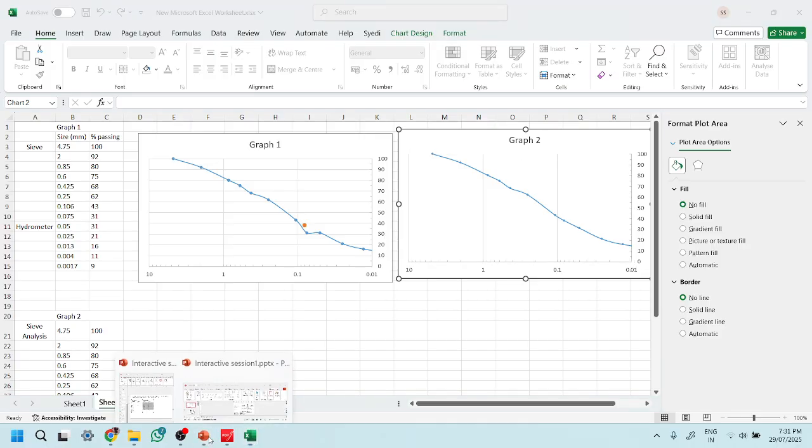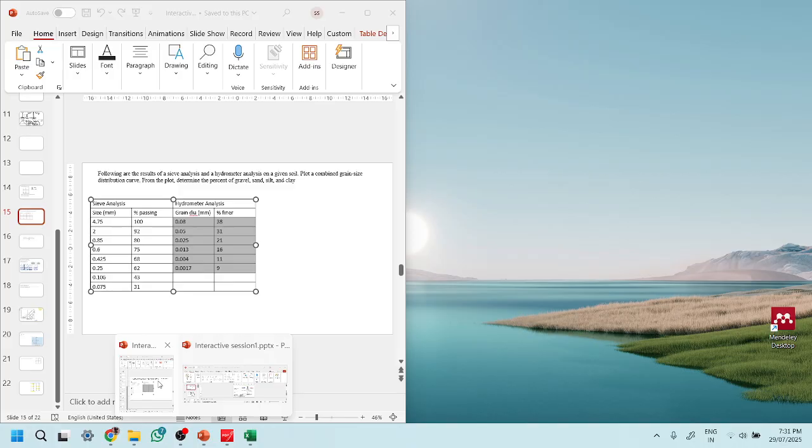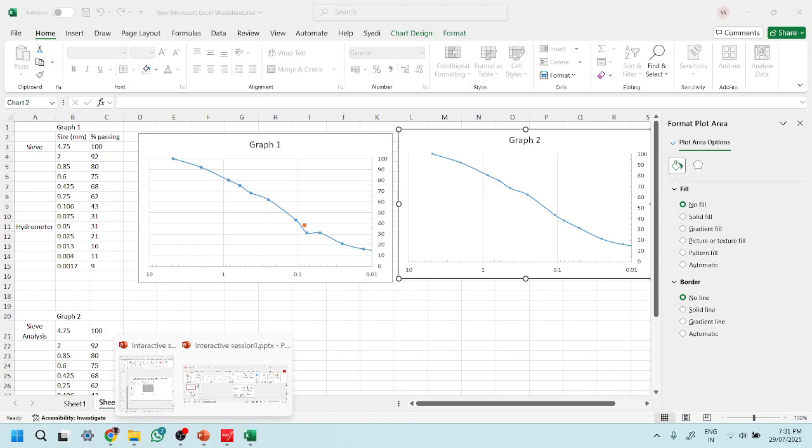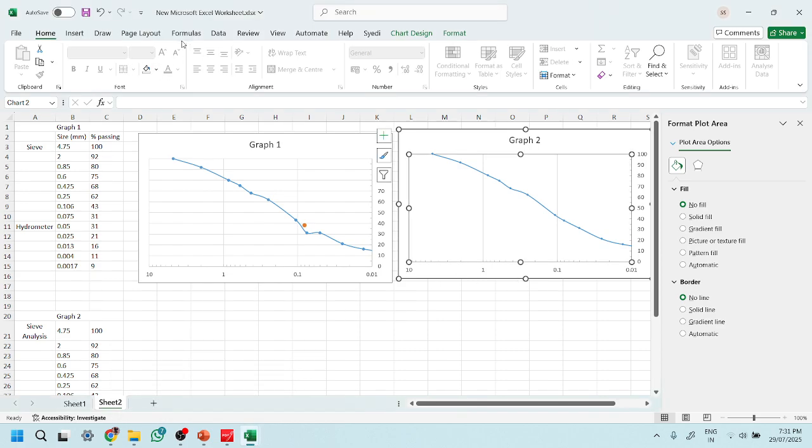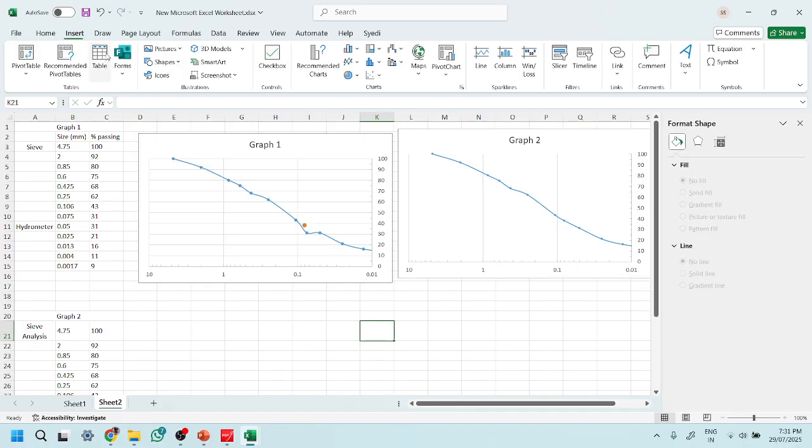So the next part of our question is: plot a combined grain size distribution, and from the plot, determine the percentage of gravel, sand, silt, and clay. So for gravel, we will make a distinction at 2 mm.